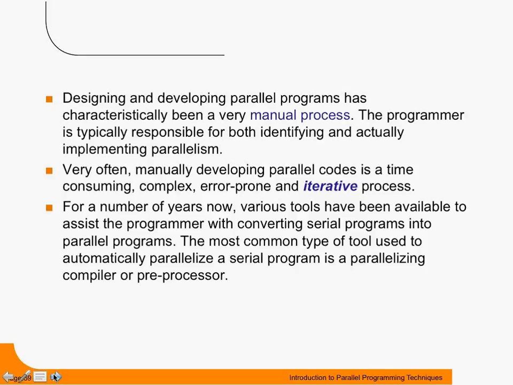If they identify groups that don't have data dependencies within the loop, they automatically parallelize those groups. The Fortran compiler is a great example of this. If you have Fortran code with a loop inside it, it can automatically parallelize those groups.